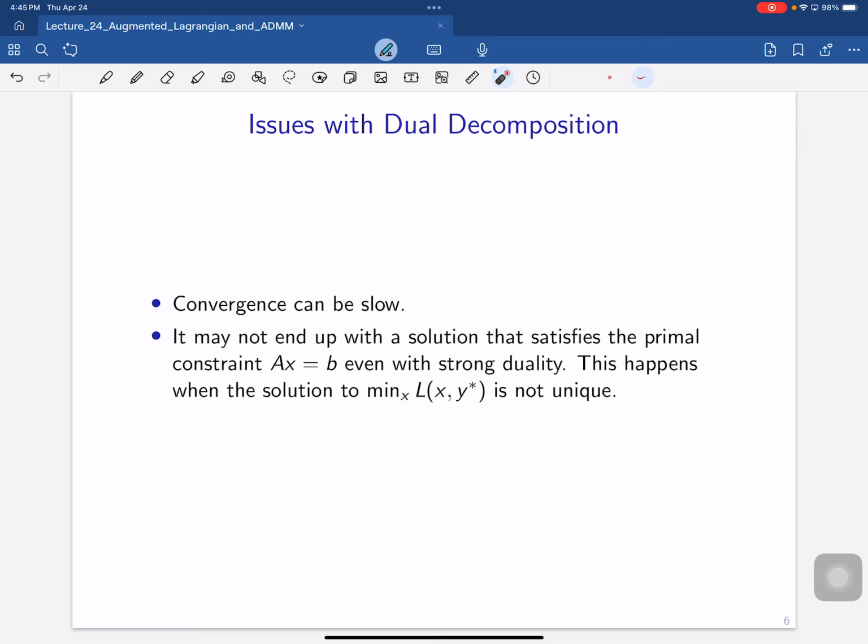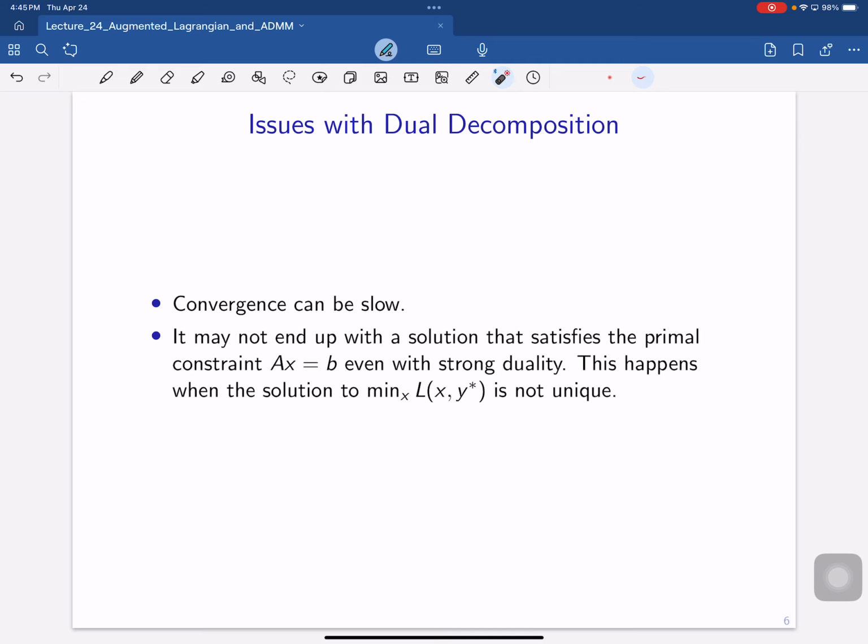Now, the other tricky thing, if you still remember that, is it is not so straightforward to get a primal feasible solution. Right? So after you dualize the complicating constraint and solve the subproblem, right? The solution you got from the subproblems may not satisfy the complicating constraints, right?